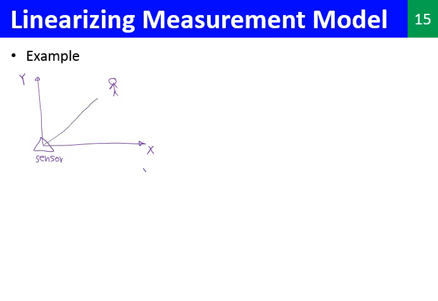So we can get the range and the bearing to the target. So this would be simple x and this is simple y. The measurement we get from the sensor would be a range and a bearing.